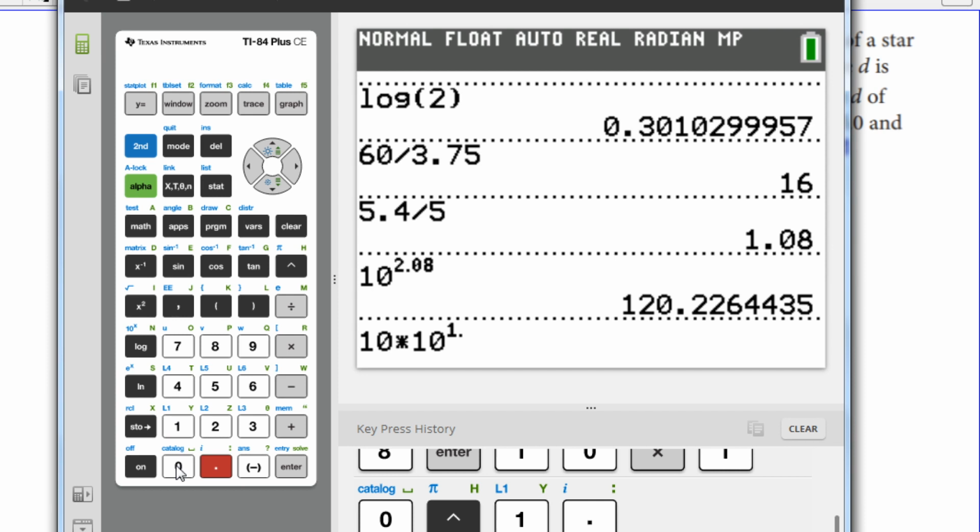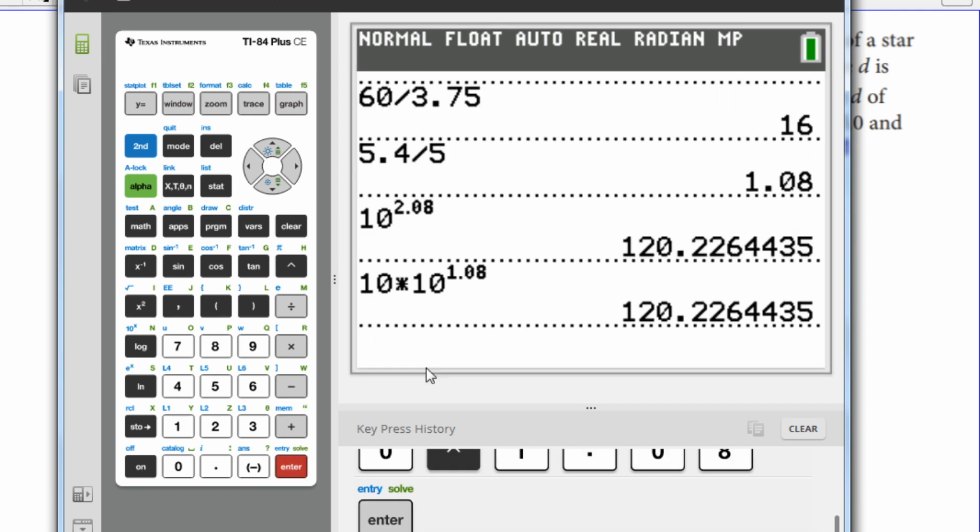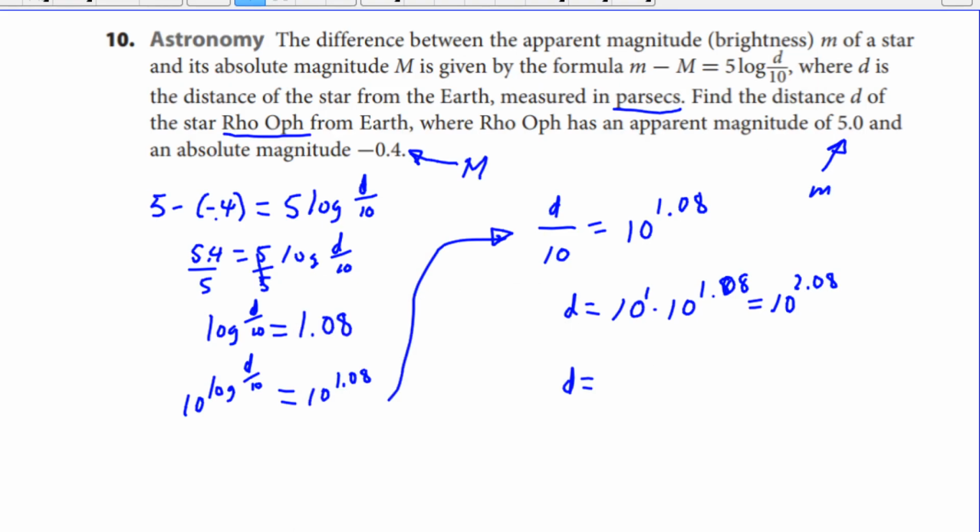You'd have gotten the same thing. So either way, we get 120.2. So what we say for this one is this star rho is about 120.2 parsecs away.